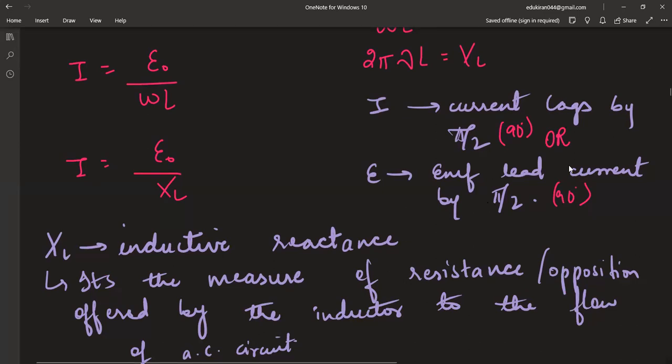Clear? So you have to remember this. When we were talking about circuits having only resistors, their current and EMF were both in the same phase, zero angle between them. But in circuits having inductors, current and EMF are different. EMF is leading by pi by 2.